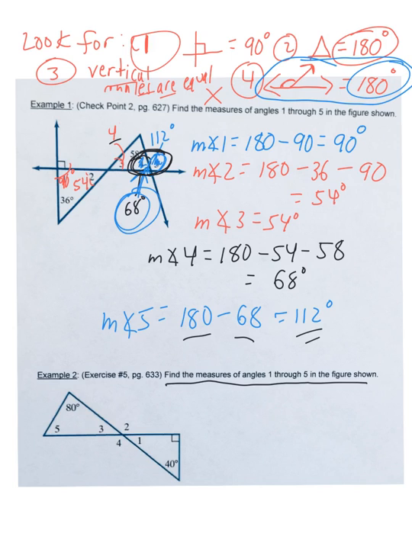So the measure of angle 1 is 180 degrees to represent the triangle, minus the 90-degree angle, minus the 40-degree angle. So if I do 180 minus 90 minus 40, I get 50 degrees for angle 1.